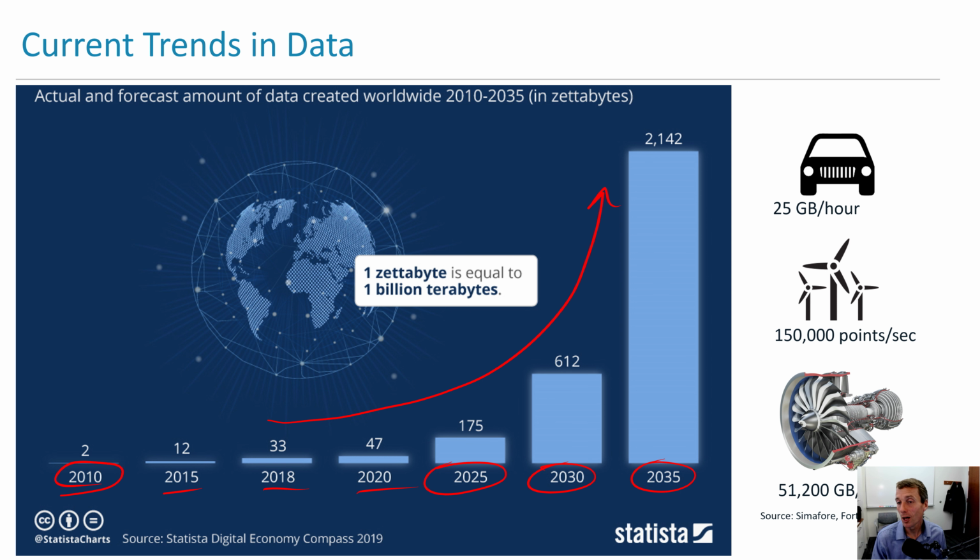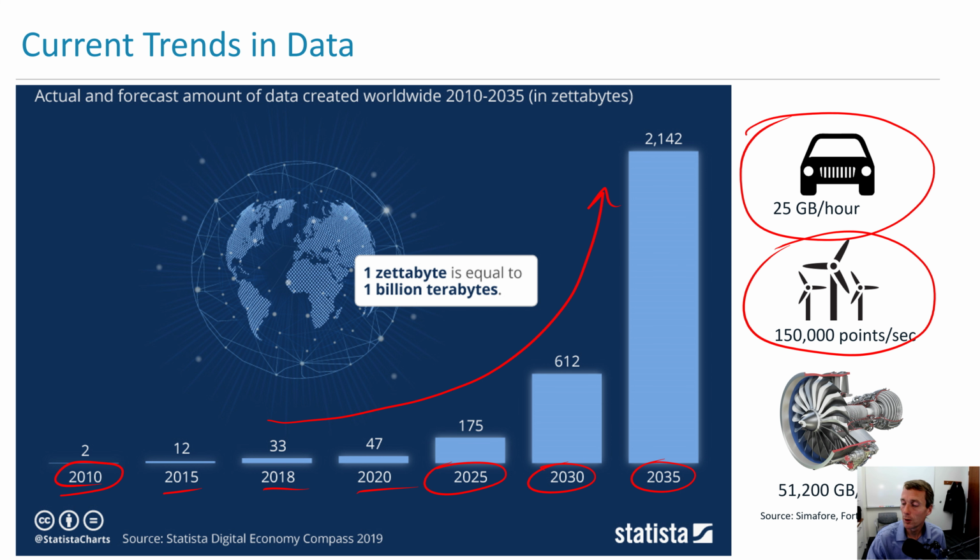Okay, so there's a lot of data being generated, but we want to focus on industrial applications, in particular process control applications and how those sensors are stored and transmitted and used. And if we look at a typical automobile, an electric vehicle for example, 25 gigabytes per hour with some of the computer vision processing on board to enable self-driving cars.